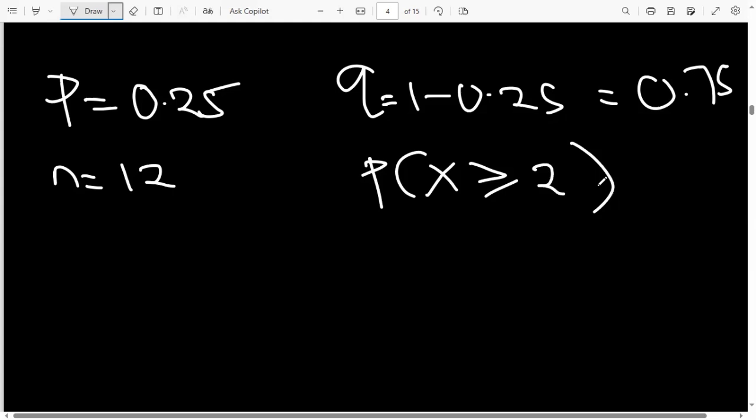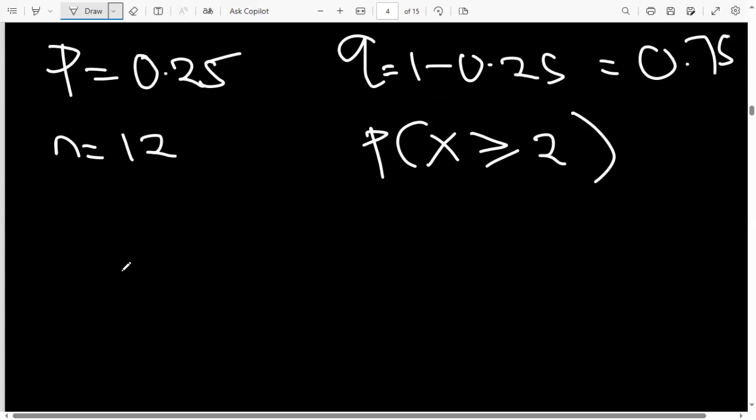So remember, we're using the binomial expression here because we've been given a fixed number of trials, which is 12, and the probability of the success. Okay. So the probability function is given by this.